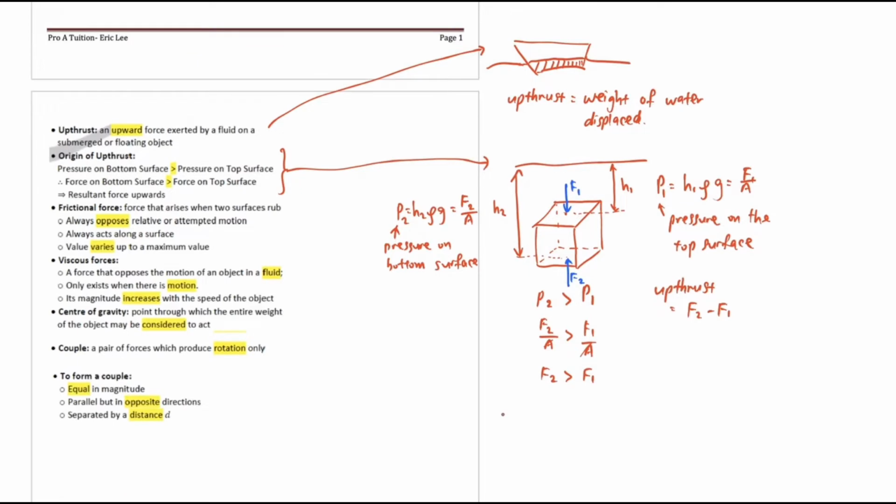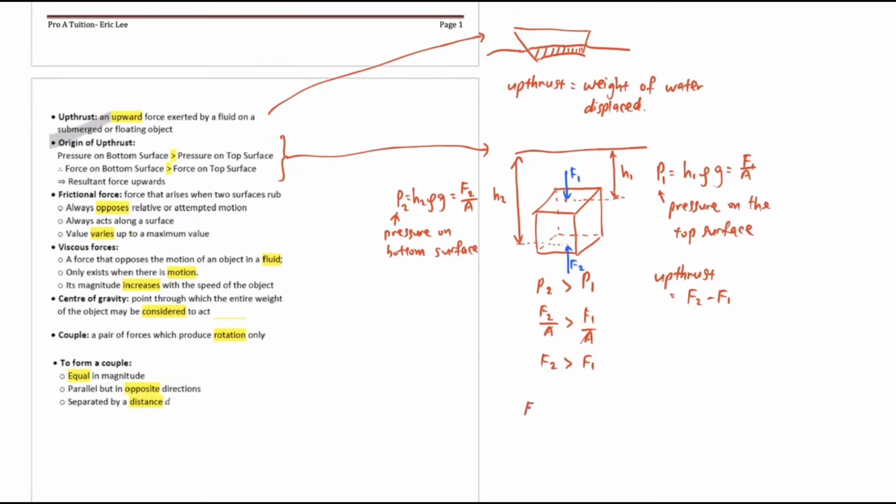So let's say for example, you have F2. Let's say this area is 2, and then let's say this area is 1. And then after that, F2 more than 2F1.